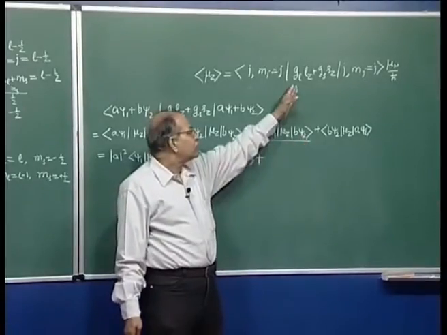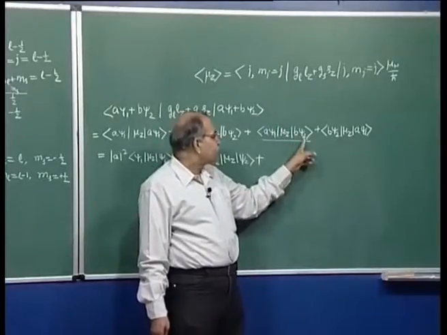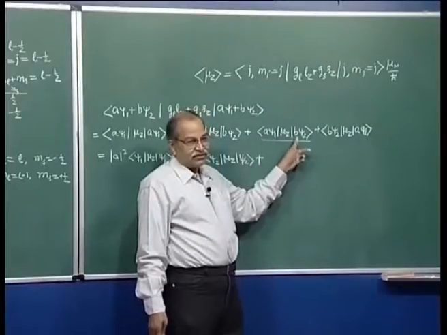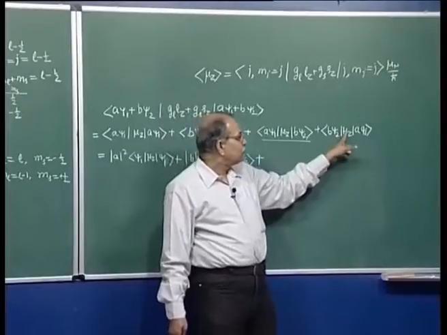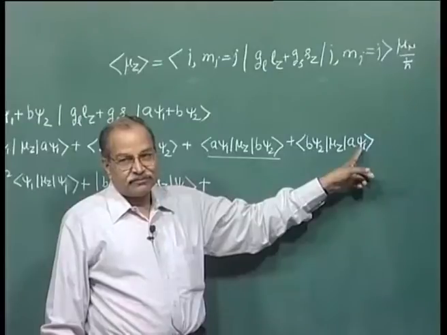Separately you can look at Lz and you can look at Sz, that will be easier. You are getting back that psi 2, and psi 1 and psi 2 are orthogonal. So, this product is 0. Similarly, when you operate mu z on psi 1, you are getting back that psi 1.